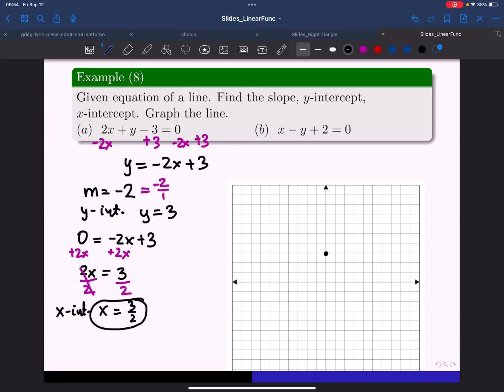Here is my first point, and then we can go according to the slope. So 2 units down and 1 unit to the right. So from this point, we're going 1, 2, 1 unit to the right, 1, 2, 1 unit to the right, and mark the point.